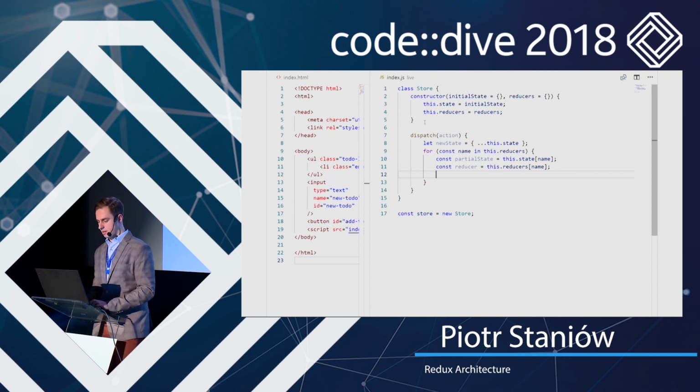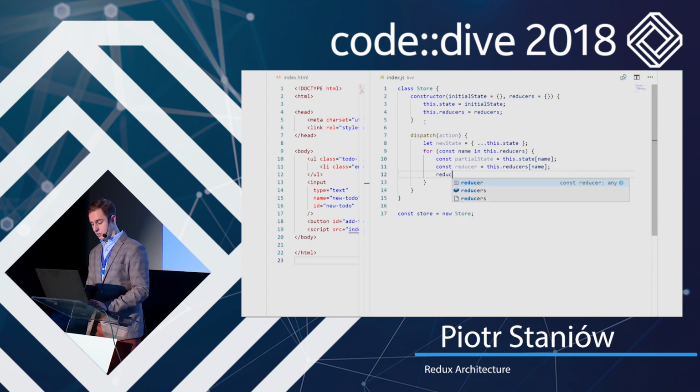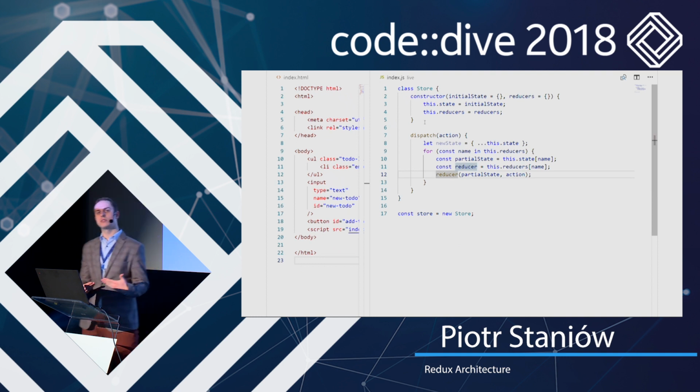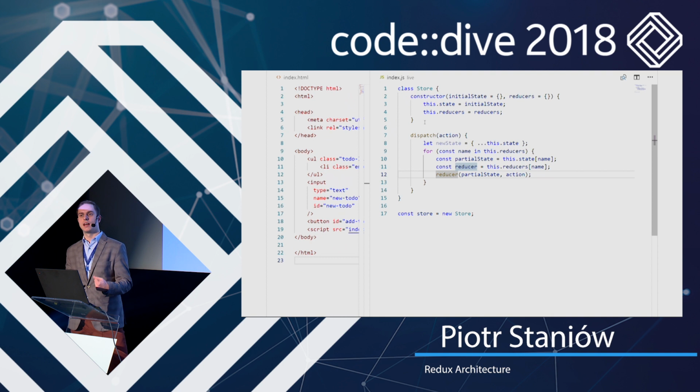Okay, that was a pretty easy one. So let's call the reducer with the partial state and an action. As I told you, reducer is simply a function that takes a piece of state and an action, and it returns the updated piece of state.